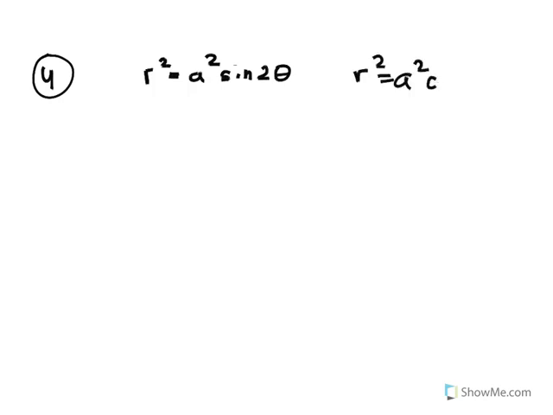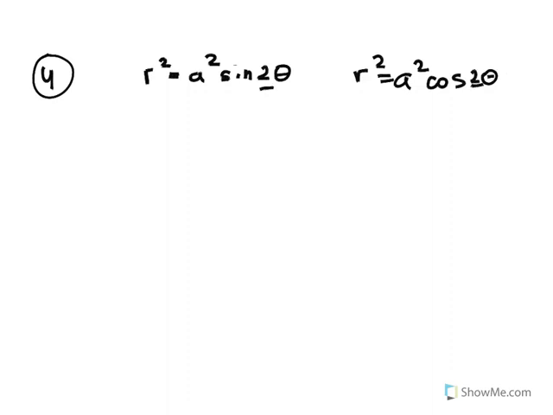Okay. Finally, another family of polar equations, graphs. You're not going to see that much on the AP exam, but you do need to know what it looks like. So if you see something like this, r squared, not r, just r squared, or r squared equals a squared cosine, by the way, 2 theta.